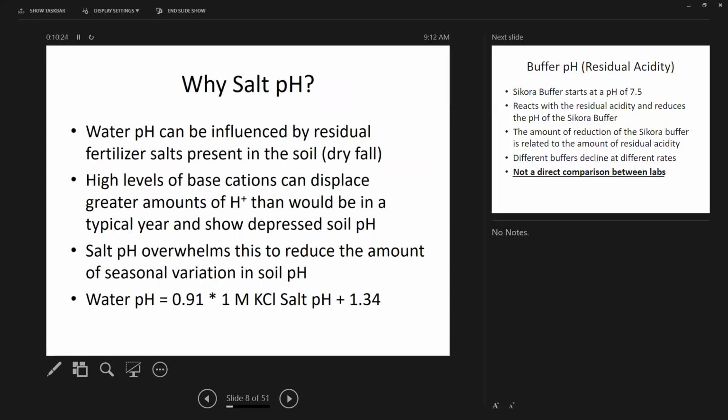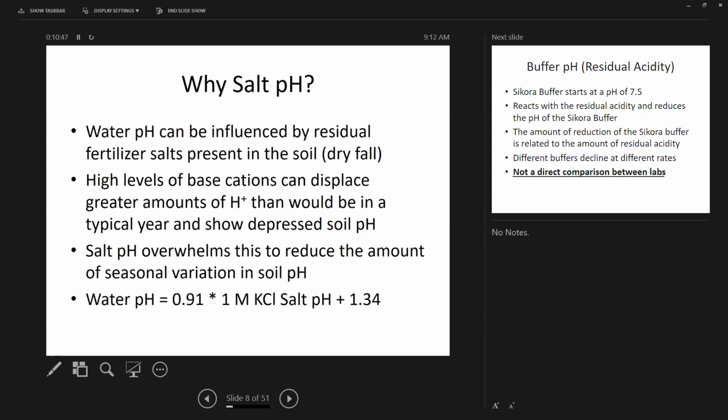So why do we, and we being UK, why do we use a salt pH? Well, Frank Sikora noticed some seasonal fluctuations with pH over years and wanted to overcome that. So when we have a water pH, that can be influenced by the residual fertilizer salts present in the soil, especially in a dry fall.